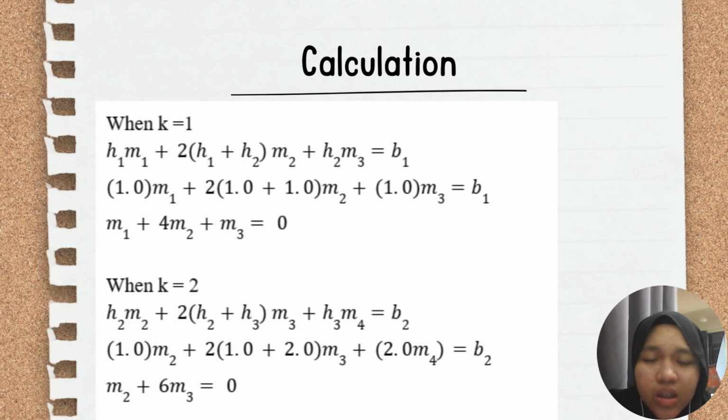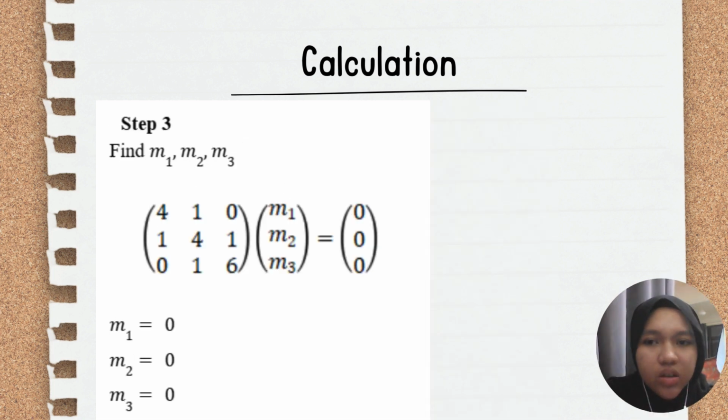And the last equation, when k equals 2, we get M2 plus 4M3 equals 0. Next, step 3 is to find M1, M2, and M3. To find this, we write it into a matrix and we get M1, M2, and M3 equal to 0.